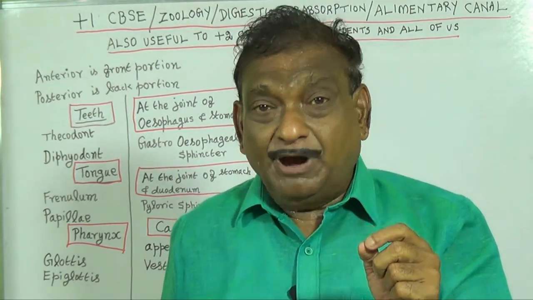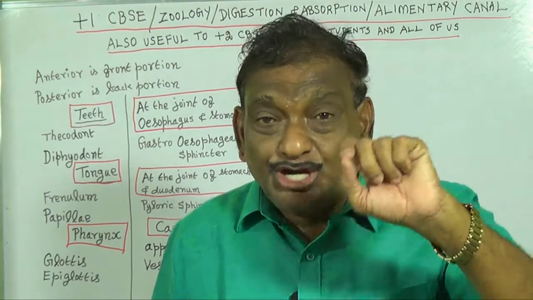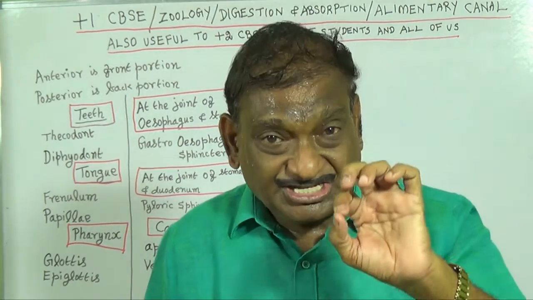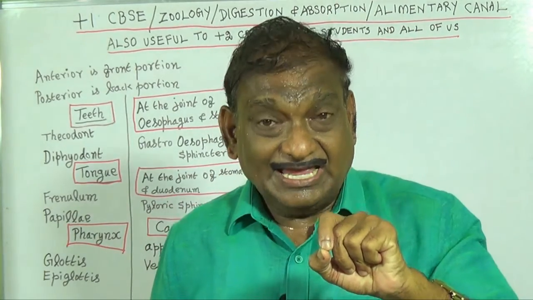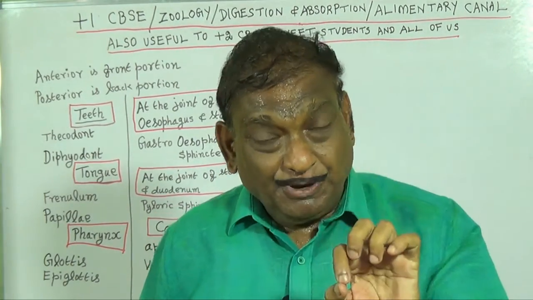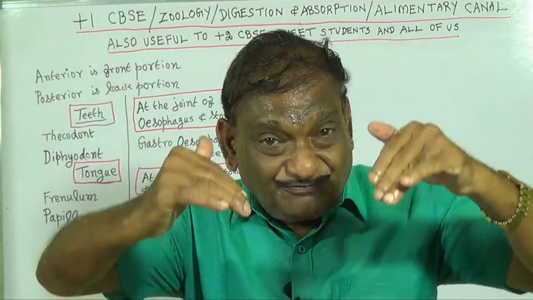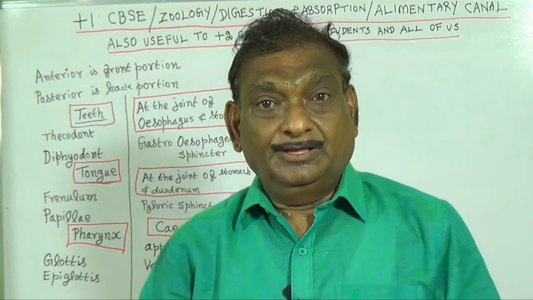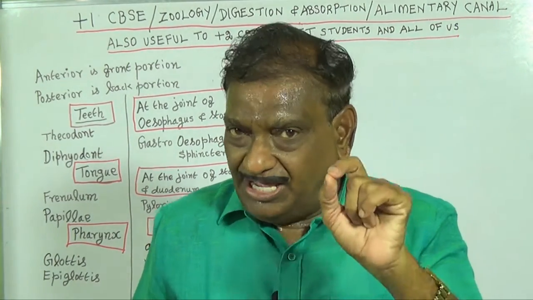Then the buccal cavity, that is oral cavity, opens into the short pharynx. The food pipe, that is esophagus, and the windpipe, that is trachea, open into this pharynx, so that it is the common passage of food and air.